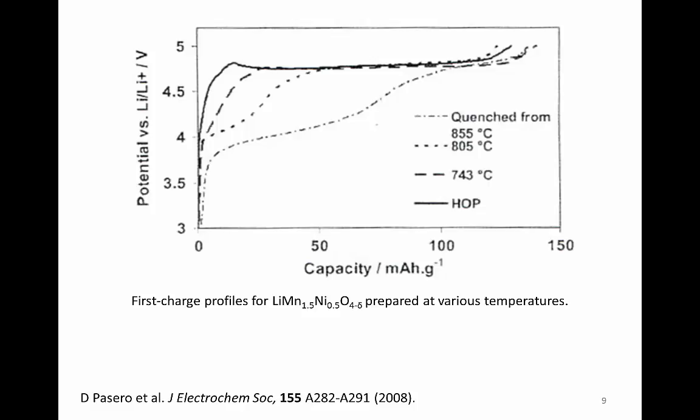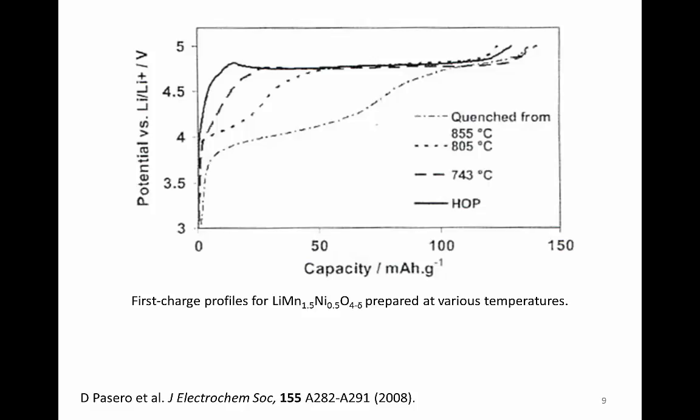You can see that most of the thick black line has a constant voltage of about 4.8 volts. And so this was an exciting material at the time, as one of the first cathodes that operated almost at 5 volts.